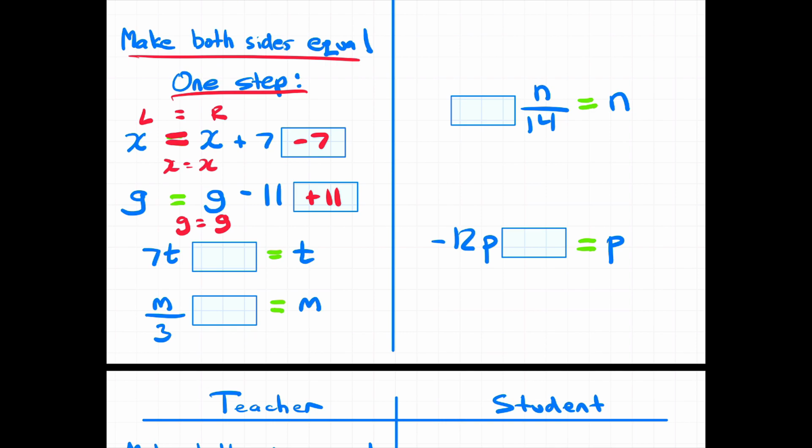Okay, the third example says 7t, and when we see a coefficient, or a number in front of a variable, they are multiplied together. So this is actually 7 times t, and the opposite of multiplication is division. So I'm going to divide by 7. So 7 divided by 7 is going to be 1.